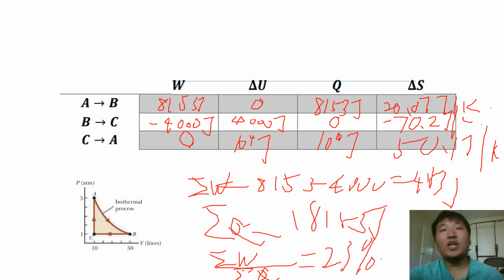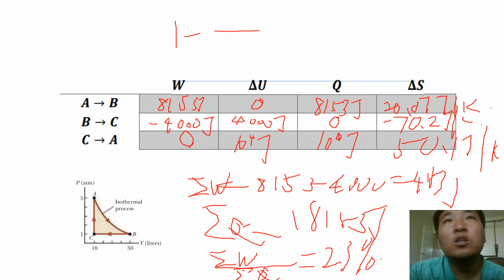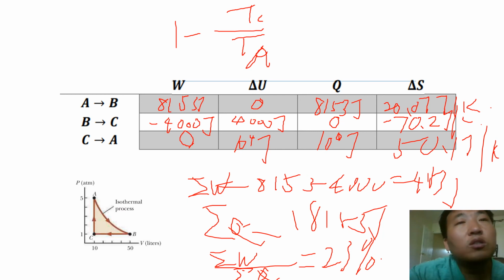In order to get the highest efficiency, we need to make the system a Carnot system, right? In the Carnot system, the efficiency is one minus the lowest temperature over the highest temperature. In this system, TA and TB are the higher temperatures, and TC is lower.